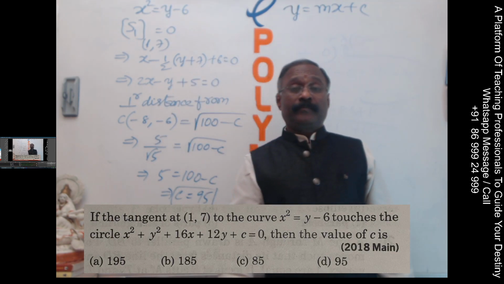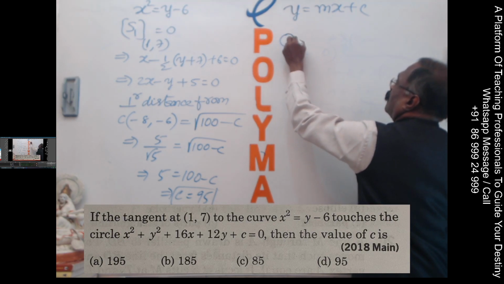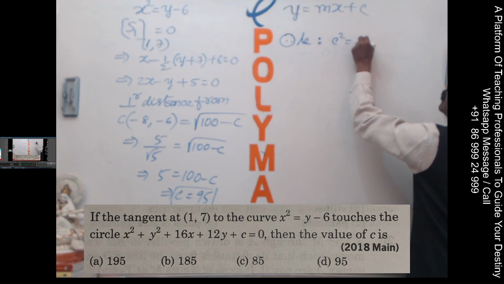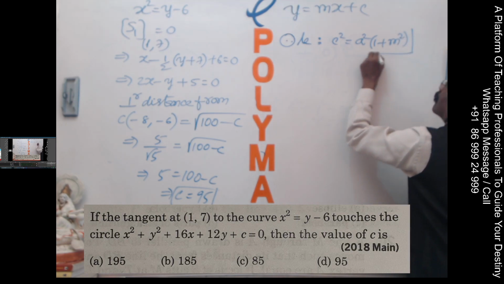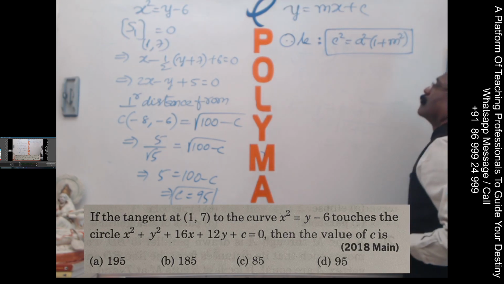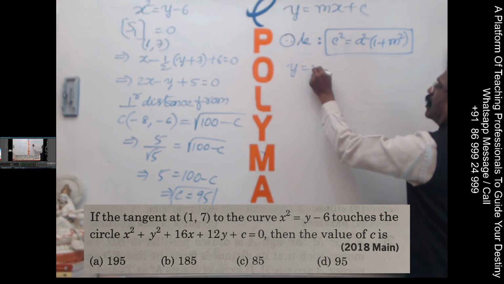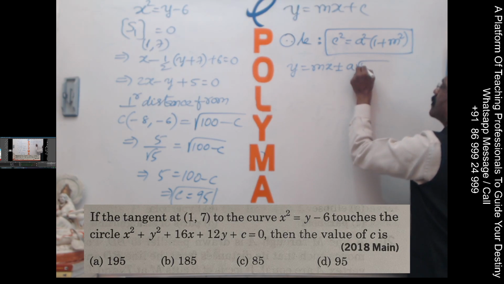So, if it is y is equal to mx plus c, for a circle, we are discussing circle here, c square is equal to a square into 1 plus m square, and the tangent is taken to be y is equal to mx plus or minus a root 1 plus m square.